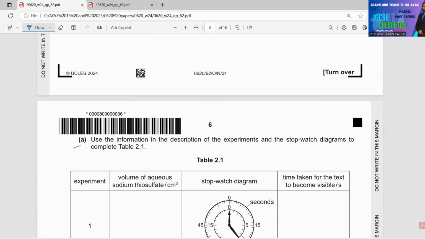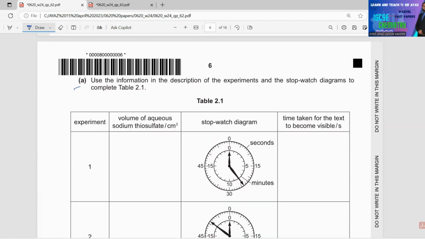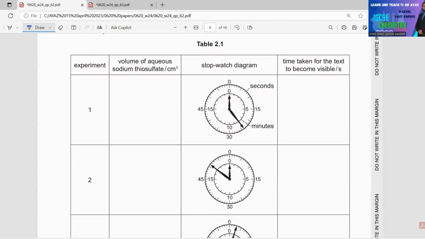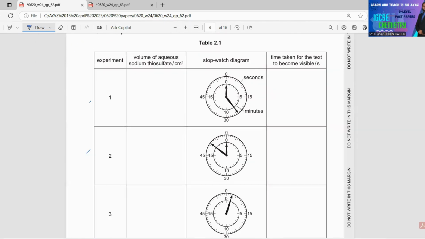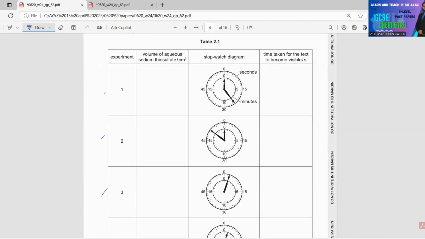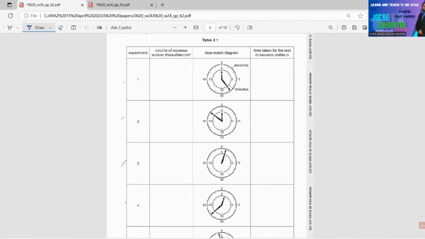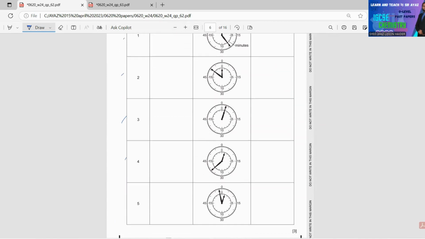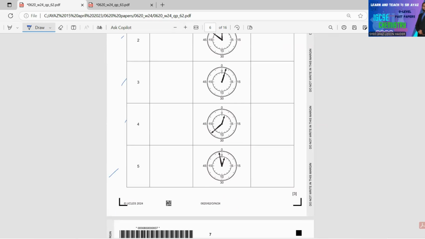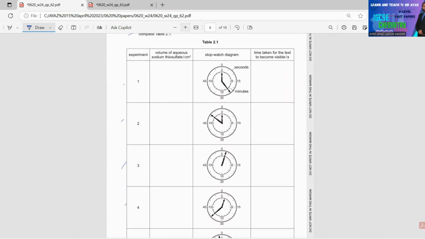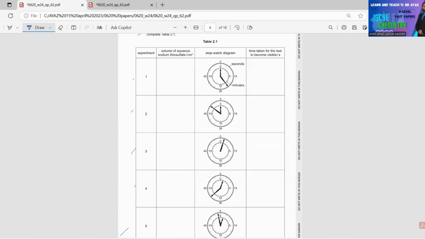A. Use the information in the description of the experiments and the stopwatch diagrams to complete table 2.1. So we have experiments 1, 2, 3, 4, and 5. For the volume of aqueous thiosulfate in centimeter cube, you see it changes in each experiment.